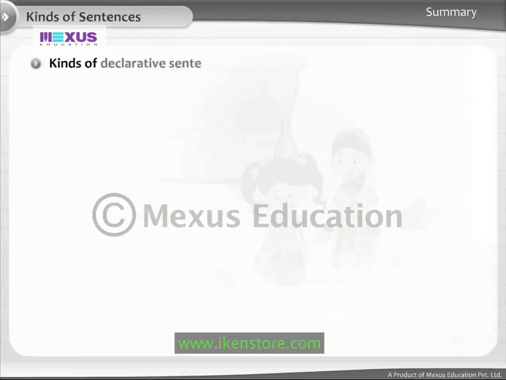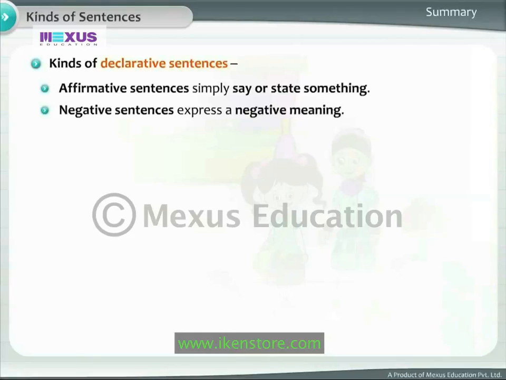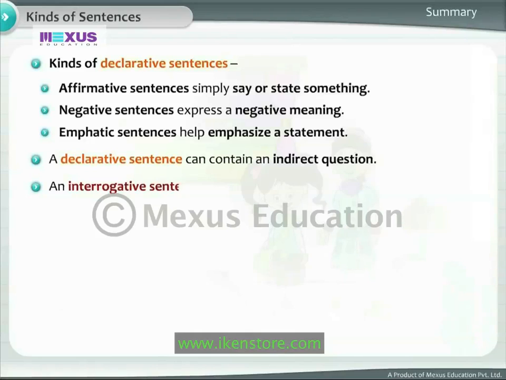Kinds of declarative sentences: affirmative sentences simply say or state something. Negative sentences express a negative meaning. Emphatic sentences help emphasize a statement. A declarative sentence can contain an indirect question. An interrogative sentence is a question.